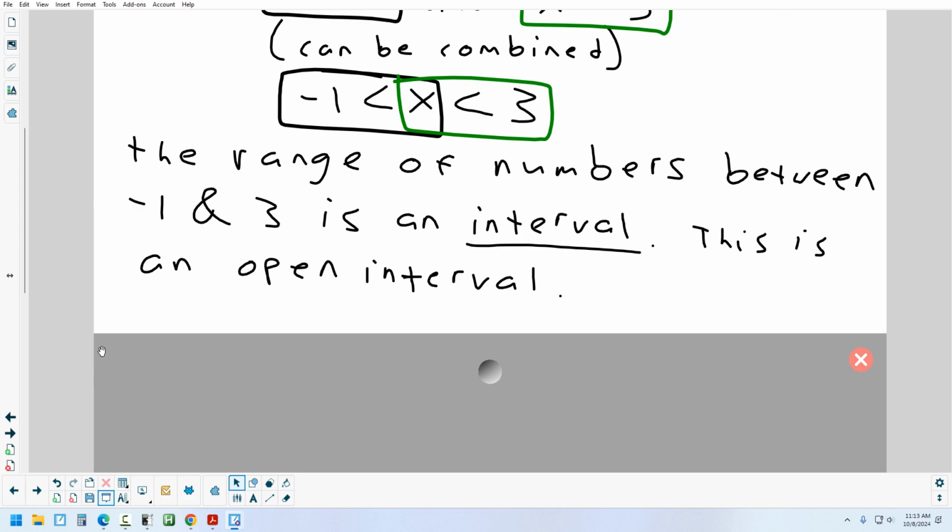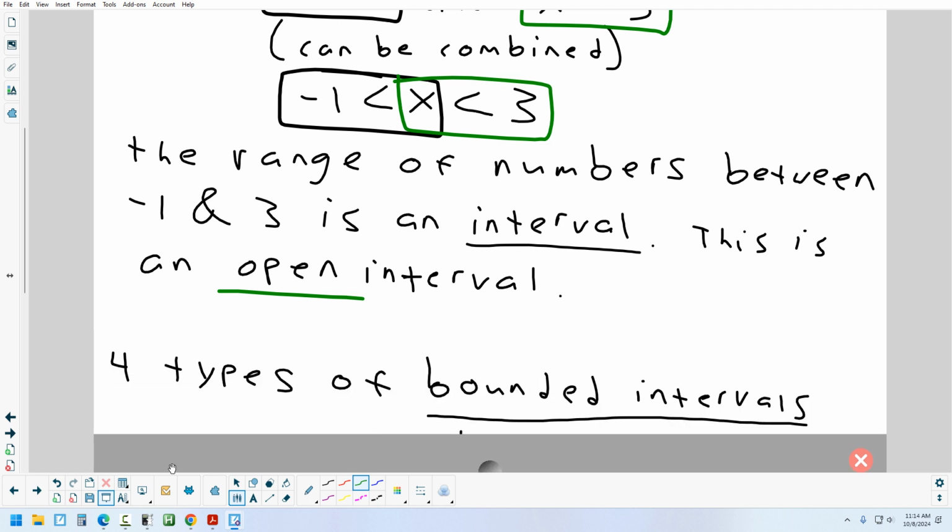It's not equal to. Whether an inequality is a less than or equal to, there's a word to describe it. When your inequality does not have any equal to's in it, that is called an open interval. And an open interval is one type of bounded interval.